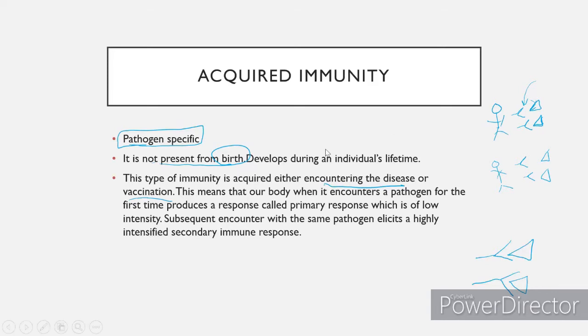So this type of immunity is acquired when you encounter a disease or there's a vaccination involved. This means that our body, when it encounters a pathogen for the first time, produces a response called primary response, which is of low intensity, and a subsequent encounter with the same pathogen elicits a highly intensified secondary immune response.